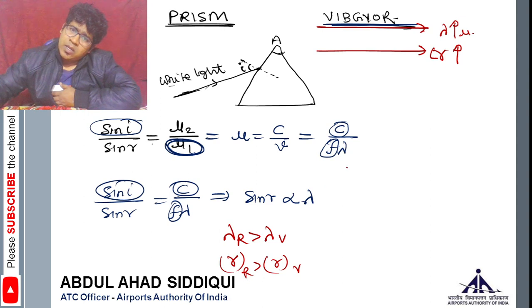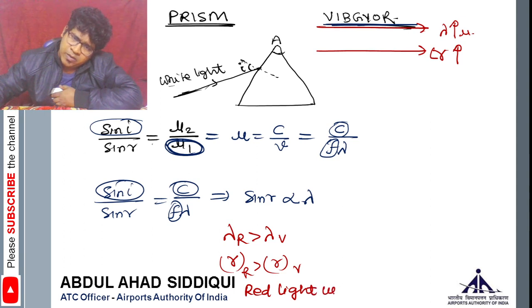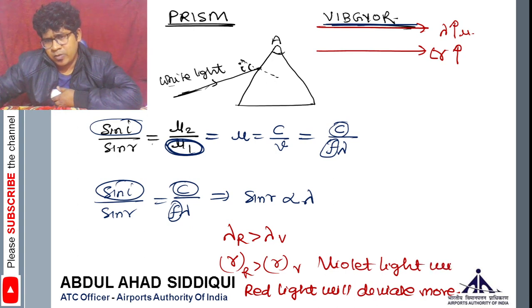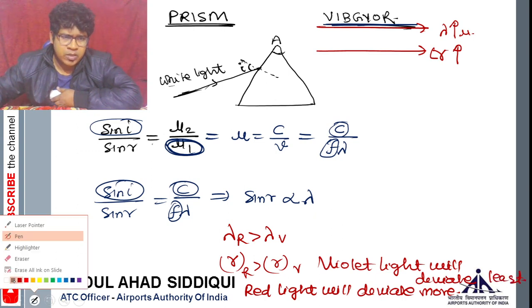So red light will deviate more, and violet light will deviate least, right?